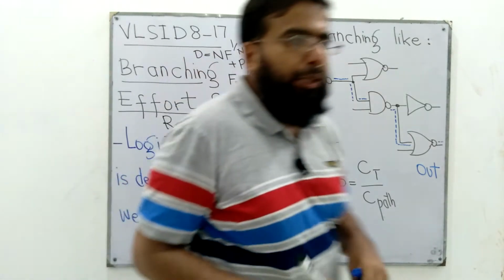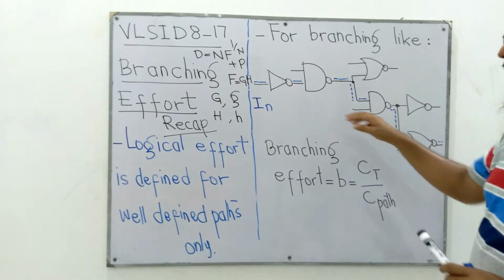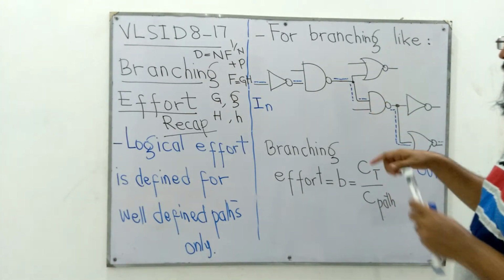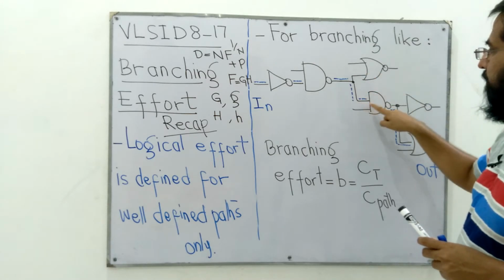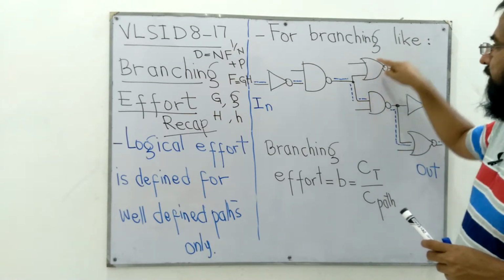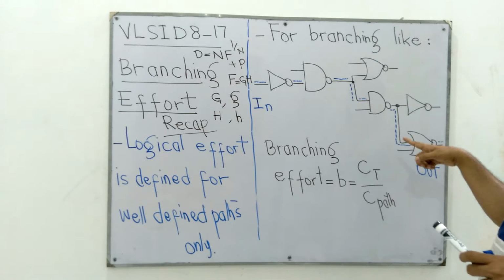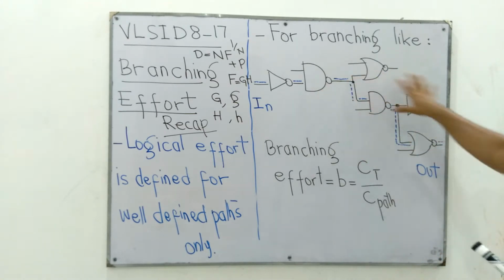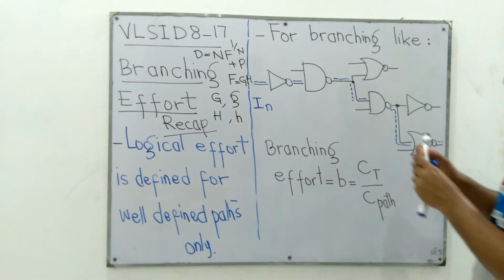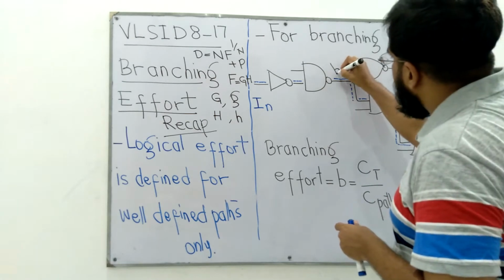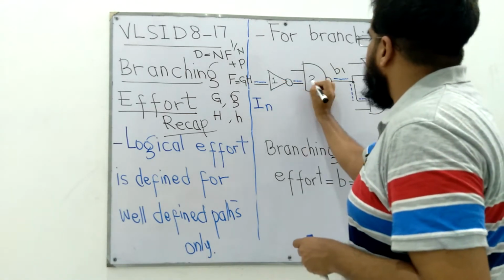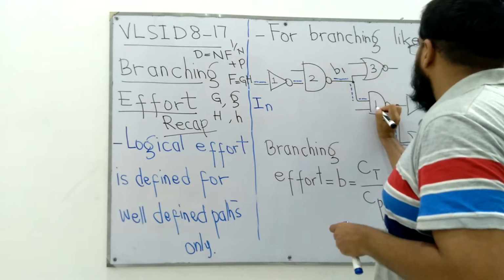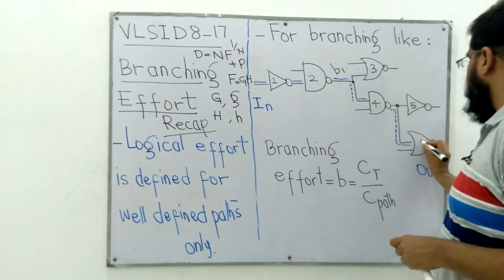Branching effort comes into play when we have a chain where the output of one gate is being used to feed two or more gates. In this given chain, we have two such points. Let's give the gates some numbers, 1, 2, 3, 4, 5 and 6.